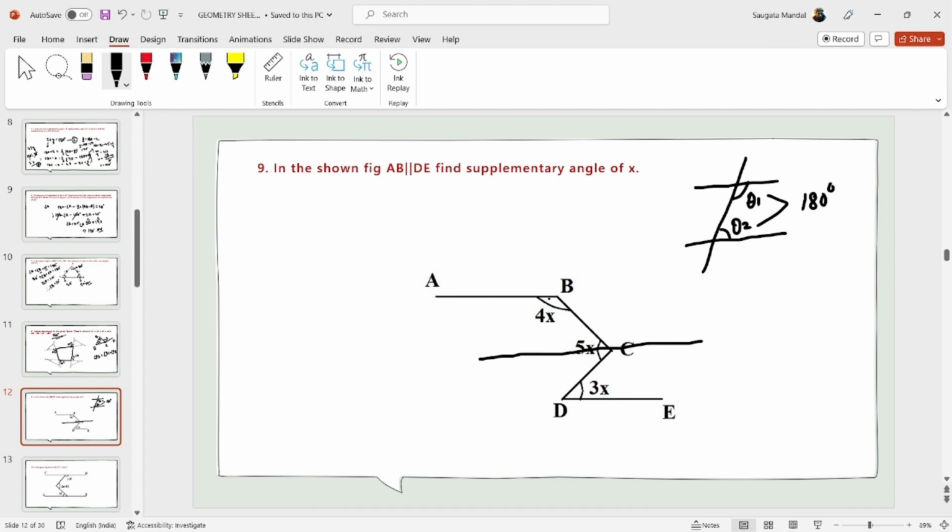In the same way, AB is parallel to GH, BC is transversal on it. In the same way, the sum of angle B and this angle is equal to 180 degree.